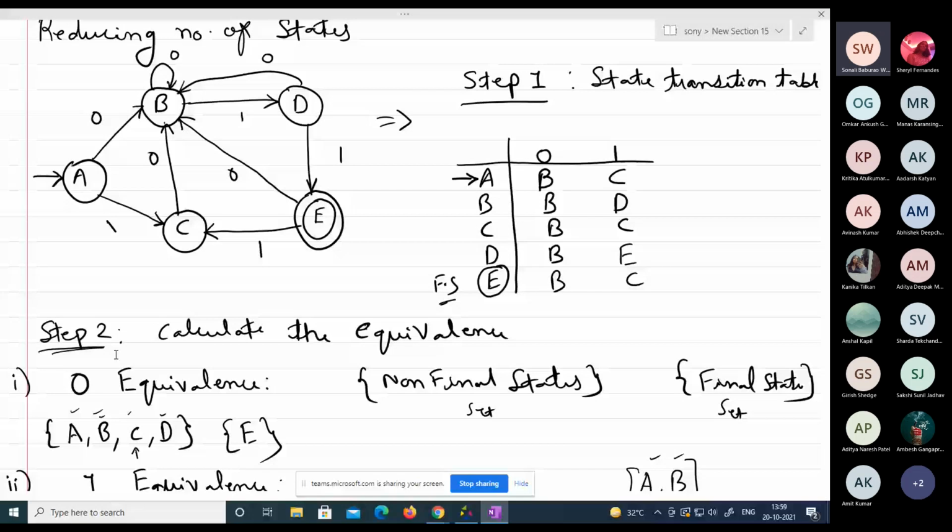And group number 2 is the set of final states. How many final states are there? There is only one final state in our DFA. That's why our group 2 is the final set of states, so that is E. So this is clear, zero equivalence.